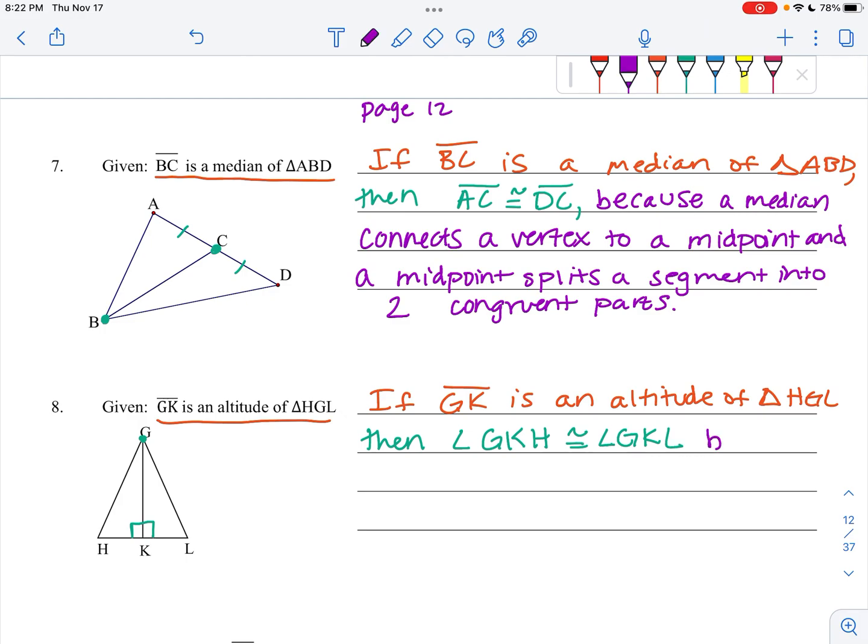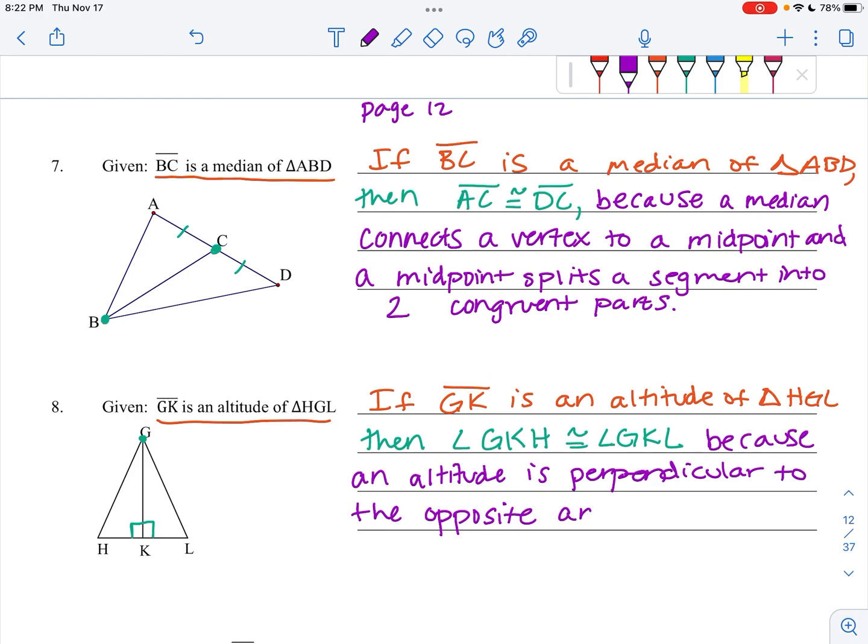And then because an altitude is perpendicular to the opposite side and creates two congruent right angles.